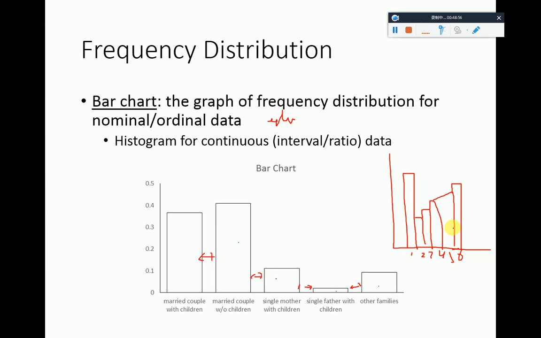They are not discrete, and that's why there's no space between the bins, whereas there is space between the bars. So that's how we distinguish categorical variables or nominal ordinal data from continuous variables or interval ratio data. Histograms are for interval ratio data or continuous variables, whereas bar charts are for nominal ordinal data or categorical variables. Okay.